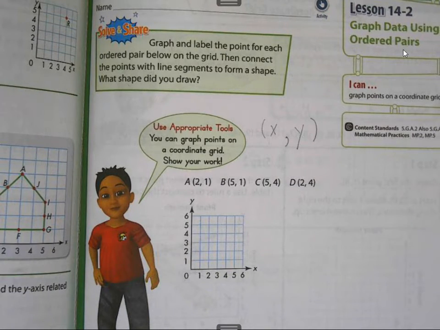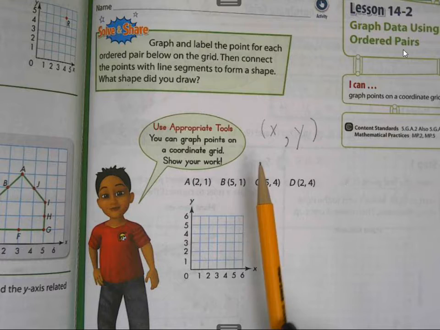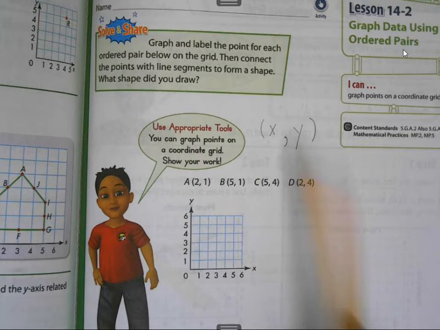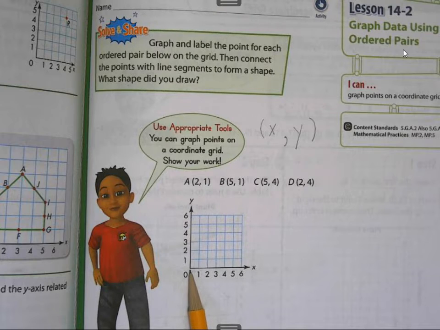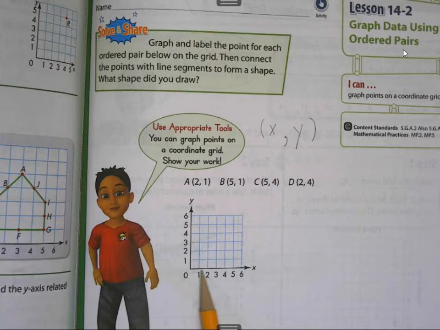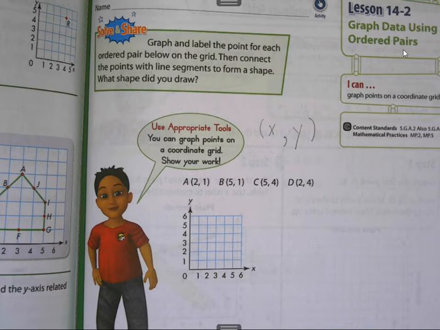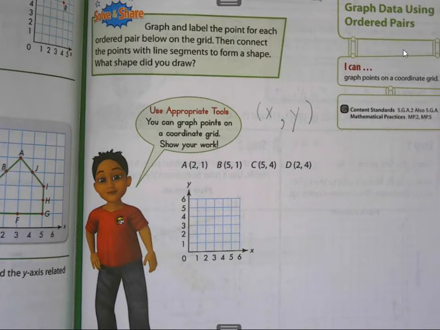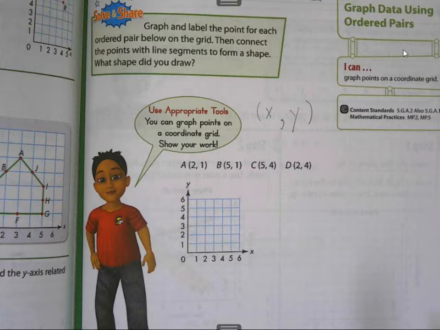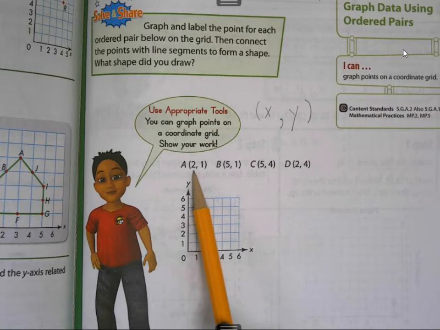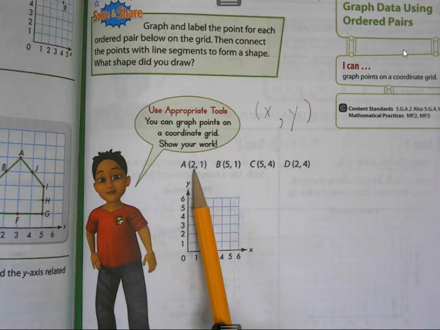If you remember the tip from yesterday, you know X comes before Y when you write your ordered pairs, and if you start at the origin and you run along the X before you jump on the Y, then you can keep things in order and not backwards. All right, so we need to plot point A. It tells me its X value is 2.